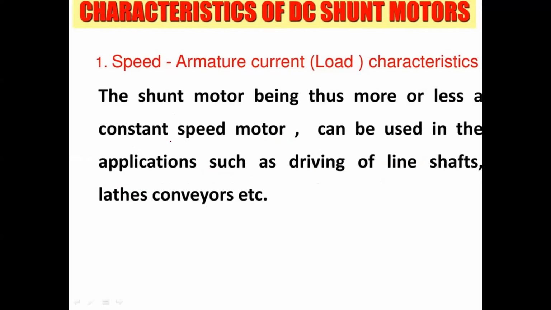So we already discussed speed and armature current. The shunt motor, being more or less a constant speed motor, can be used in applications such as driving line shafts, lathes, conveyors, etc. If we do not vary the field current, the motor runs at almost constant speed.